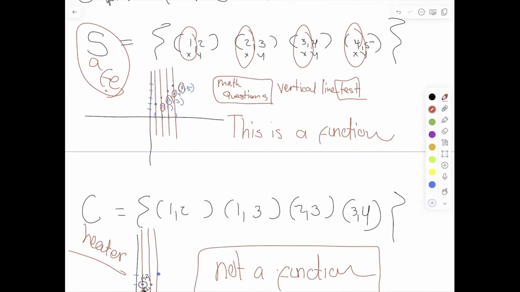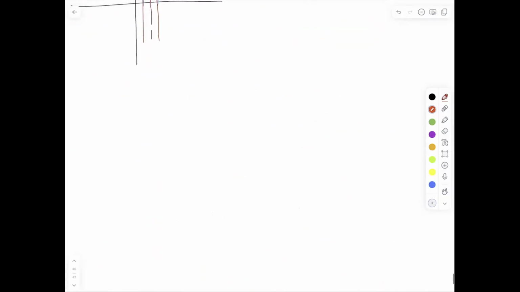If you touch the X value more than once, you're cheating with your X because you're touching it twice. Are we good there? Yes? Maybe? Okay, cool. That is very important when it comes to understanding functions.